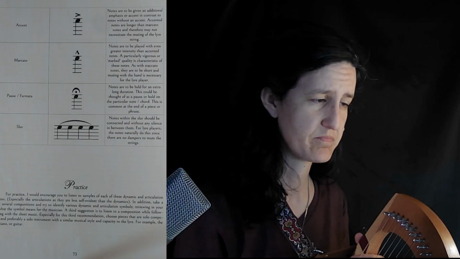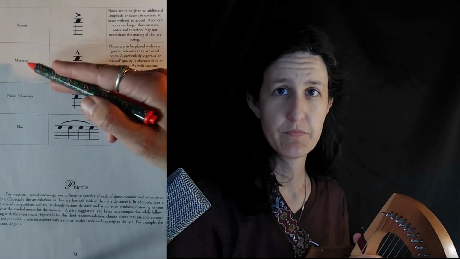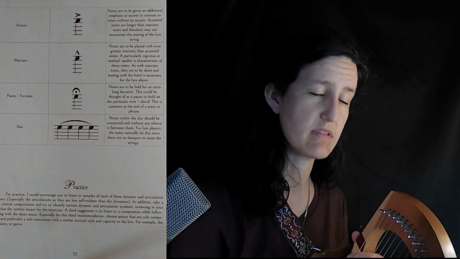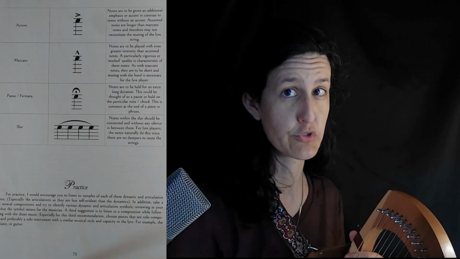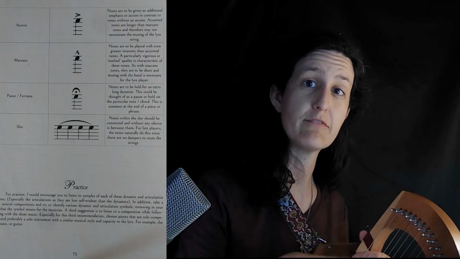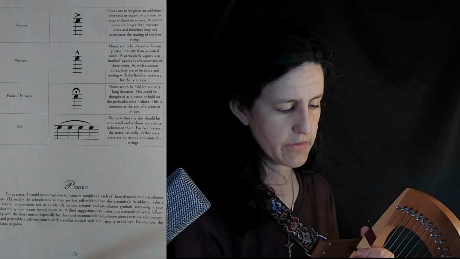So that's an accent. A marcato is sort of a combination of the accent and a staccato. So you're going to play it with an even heavier intensity than the accent mark, but you also will play it a little shorter. This one is probably the most difficult one to do on the lyre because you now have to mute it after you've played it hard. So here would be the marcato.